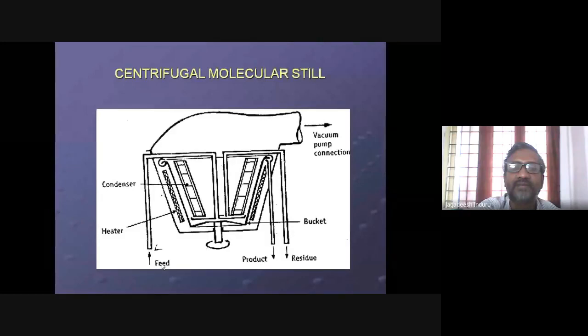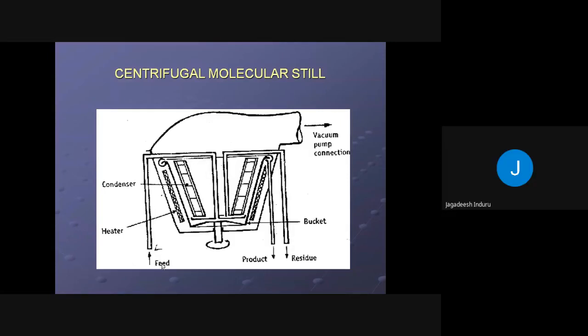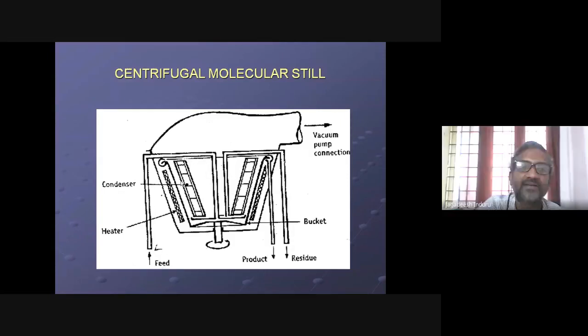So you have a heater. That heater supplies the heat energy that makes the liquid boil. When the liquid evaporates, the evaporated liquid will be condensed again. So we need to adjust the distance from the still surface to the condenser.